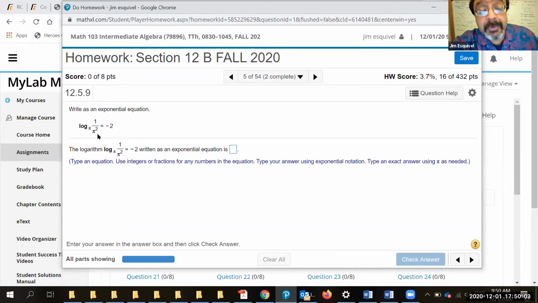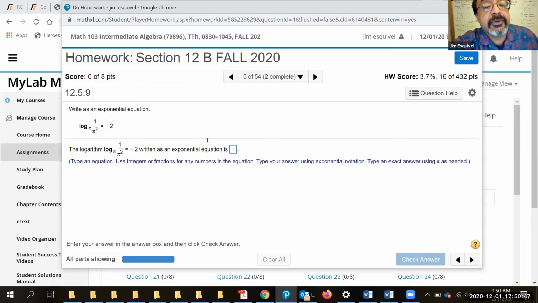Don't get frightened by looking at pi. Pi is good for you. The logarithm over here on the far left, log, with a little subscript pi. Log base pi to the across -2, so pi to the -2 equals what's inside, 1/pi squared. At the foot of the log, that's the base of the logarithm. Log base pi, to the across on the other side of the equals is -2.